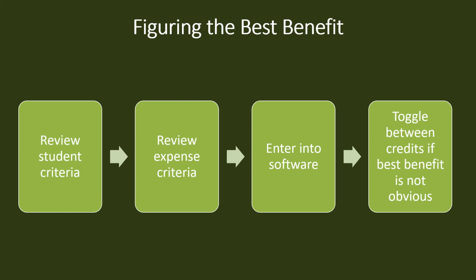So then if we can't take multiple benefits for the same student in the same year, we need to start thinking about, well, what is the best benefit for our particular student? Should they take the American Opportunity Credit, or should they take the Lifetime Learning Credit? So in thinking about this, you're going to be reviewing that student criteria.